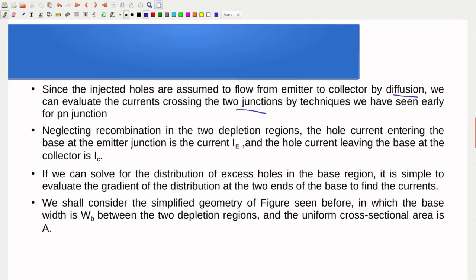Here we are neglecting recombination in the depletion region. Here we are having two depletion regions, which means that the whole current entering the base at the emitter junction will be IE, and the whole current leaving the base will be IC, the collector current.